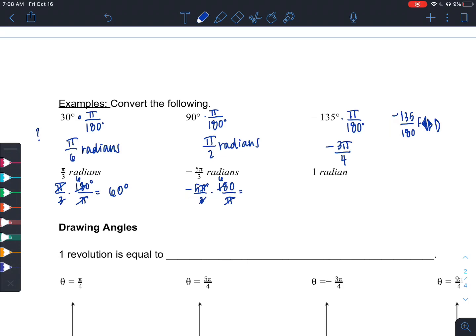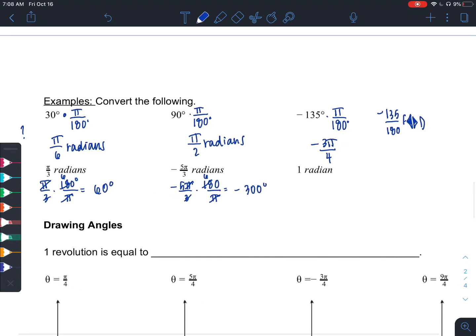So 60 times negative 5 is negative 300 degrees. Finally, 1 radian. We already know this, but 1 radian times 180 degrees over pi radians. These radians cancel, and so we are left with 180 over pi degrees.